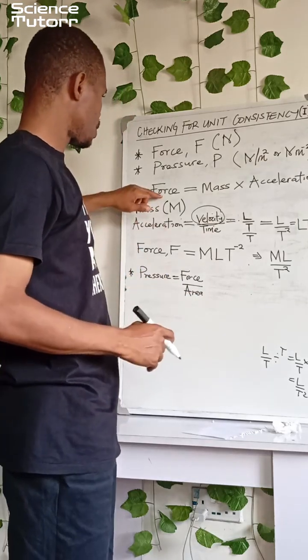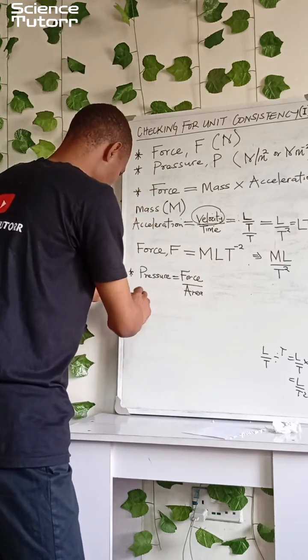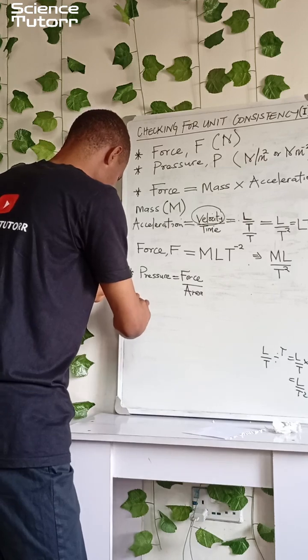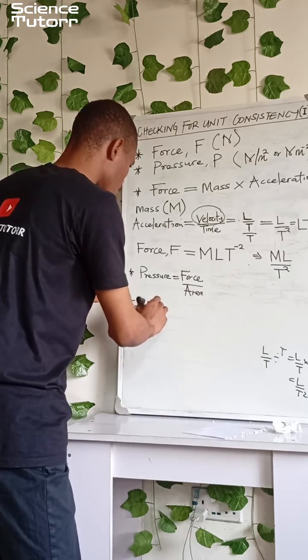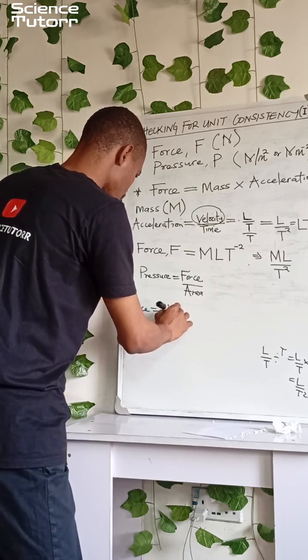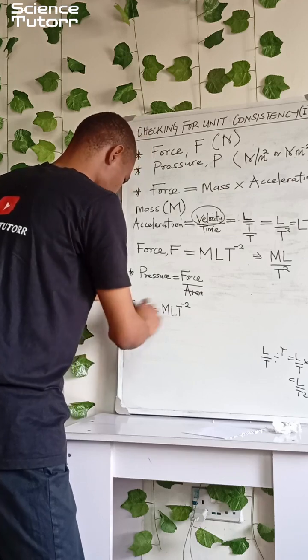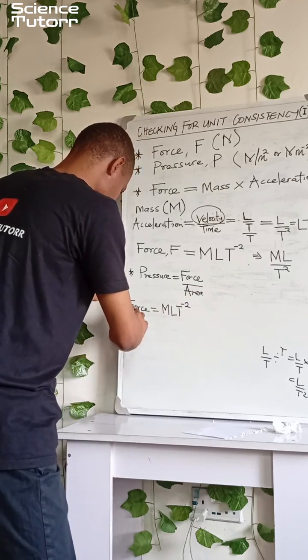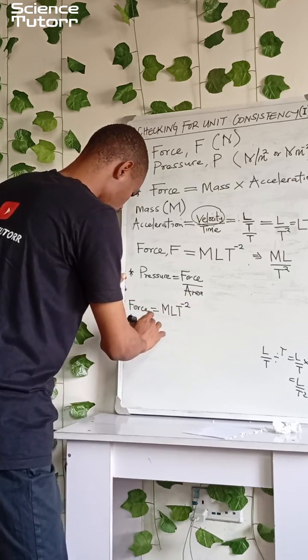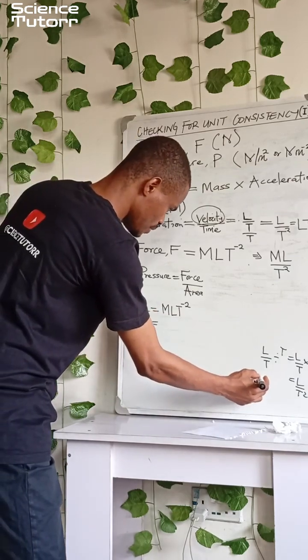Now we have done force previously, but let's still break it down. For force, we had force equal to M L T minus 2. For area, we would have area is length times length.